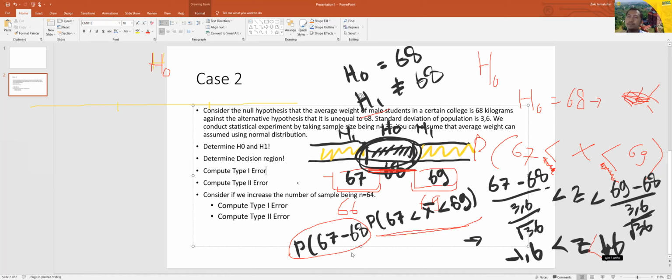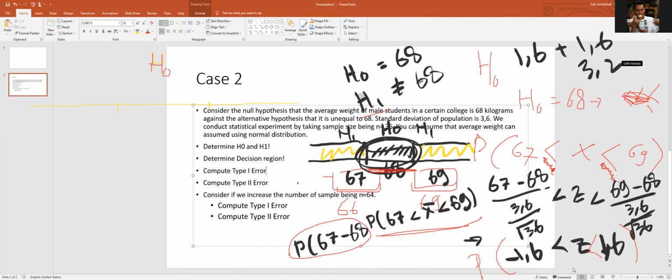So it's like this, right? 1.6, and then you can put the probability under this area. Minus 1.6 plus 1.6, so it's 3.2 z, so you still have to look at the table.